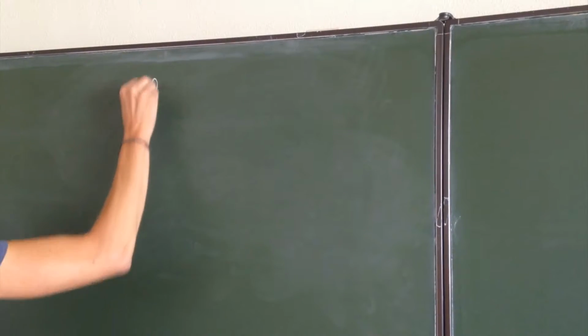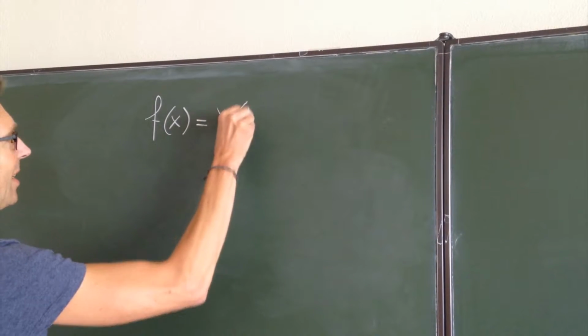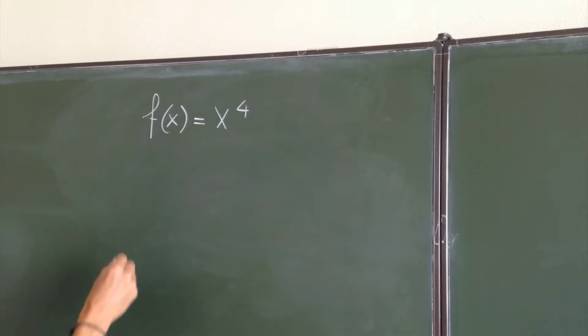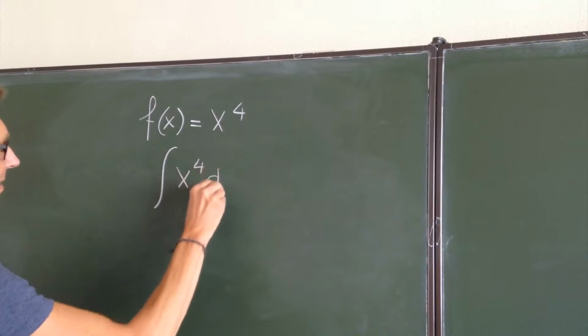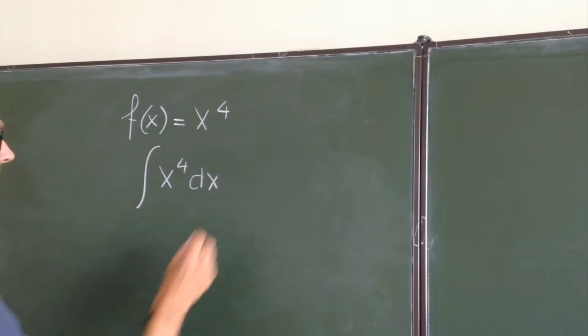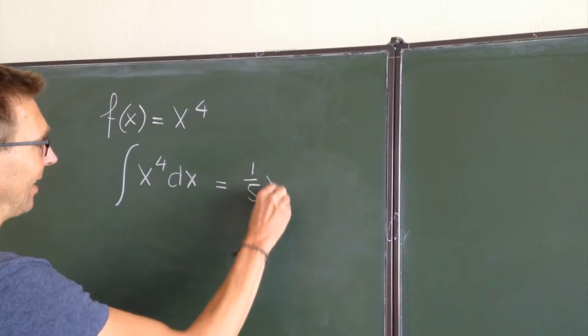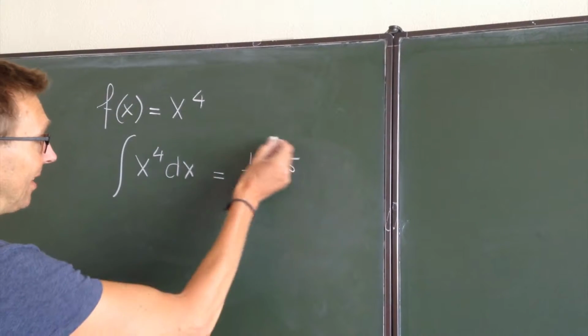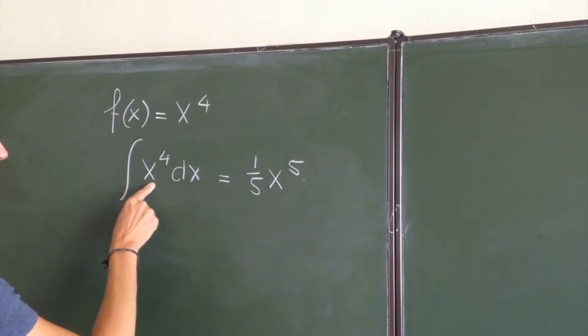Let me show you an example. Consider the function f(x) equals x to the power 4 for which you want to determine the primitive. You write this down as the integral of x to the power 4 dx. Then you start thinking really hard, and after some time you will probably come up with 1/5 x to the power 5, because if you differentiate this function, you get x to the power 4.